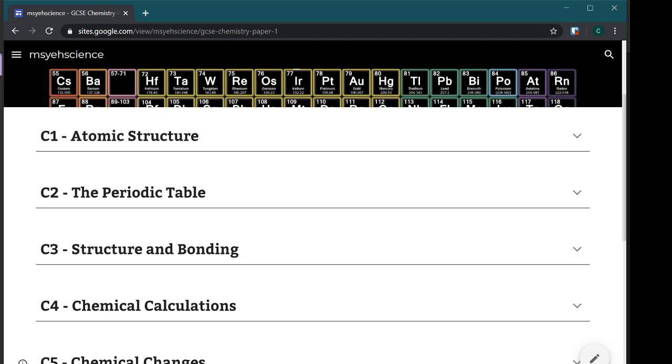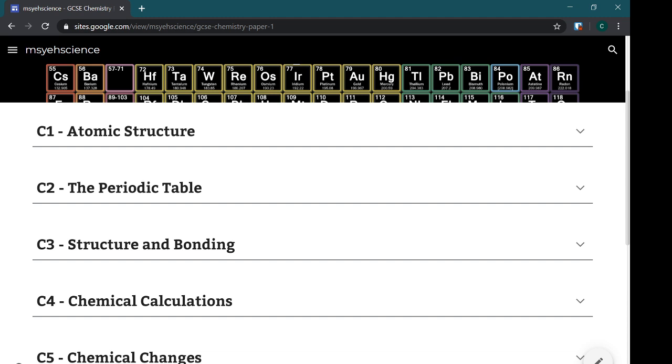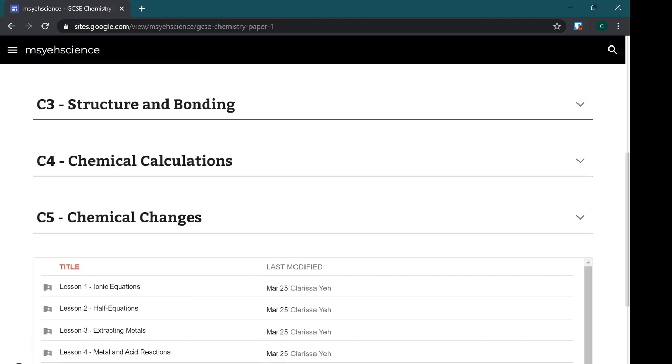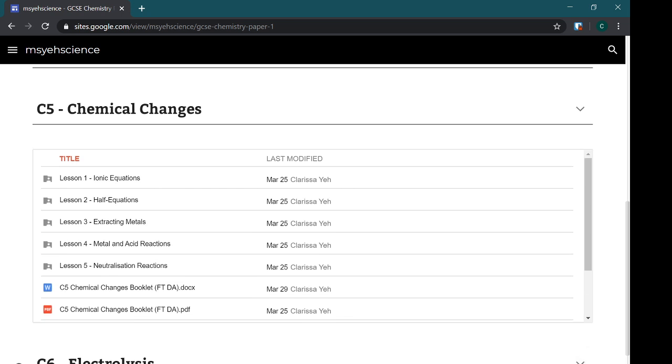And on Show My Homework, we've put on electrolysis stuff, which is chapter C6. But I thought that maybe it might be a bit difficult because it requires prior knowledge of something that you did all the way back in year 9, which was the chemical changes topic.